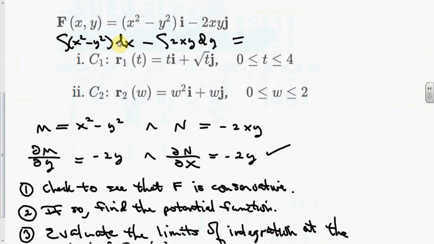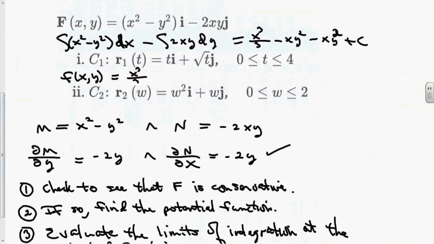The first integral, with respect to x, is x to the third over 3 minus xy squared, minus, the second integral with respect to y, becomes 2xy squared divided by 2, that's just minus xy squared. Plus some constant. All we need, little f of x, y, is x to the third over 3 minus xy squared.